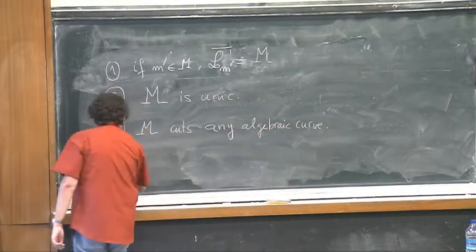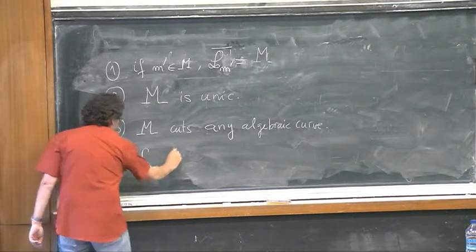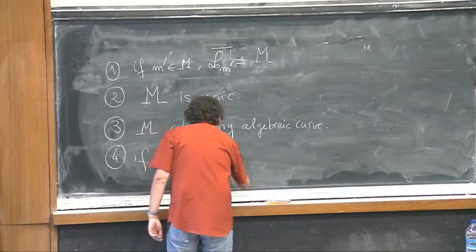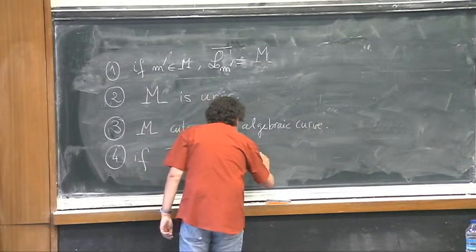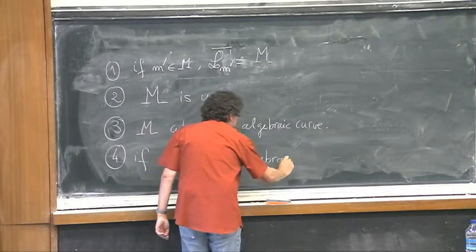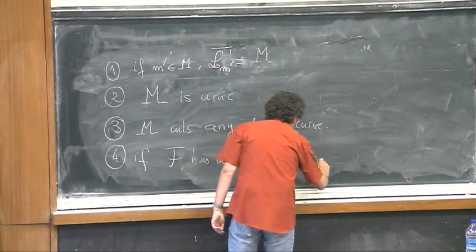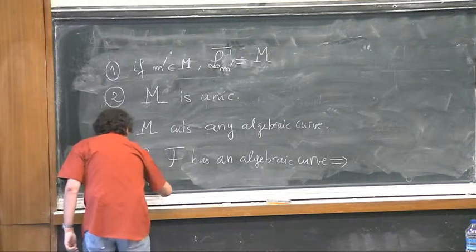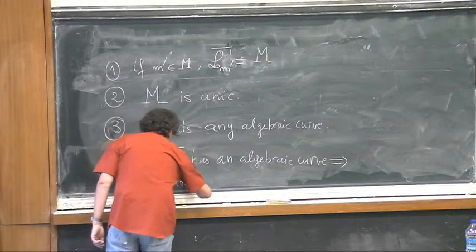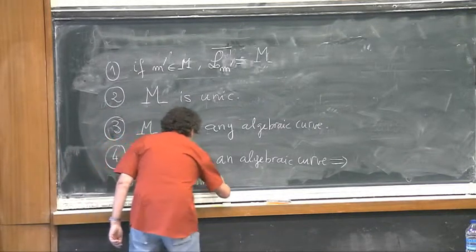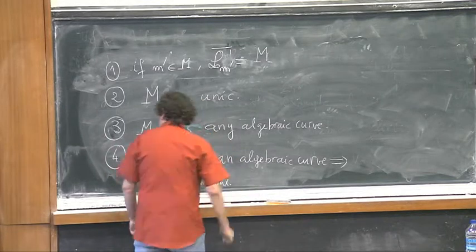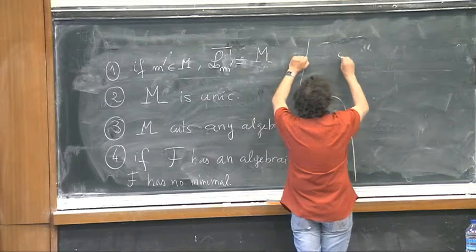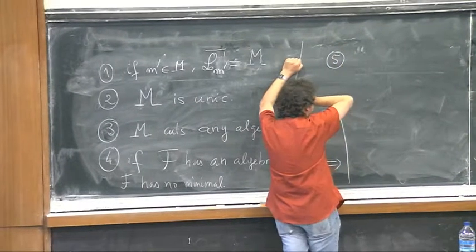If F has an algebraic invariant curve, then F has no minimal set. There are two possibilities.